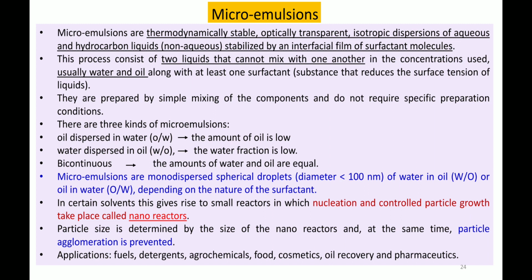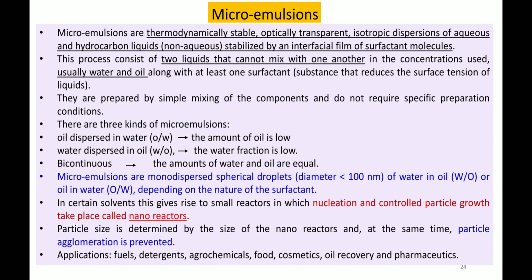So usually water and oil, the aqueous and non-aqueous solutions, and along with that at least one surfactant is required. So what is a surfactant? It is a substance that reduces the surface tension of the liquid. Basically the role of the surfactant is to reduce the surface tension between the water and oil.